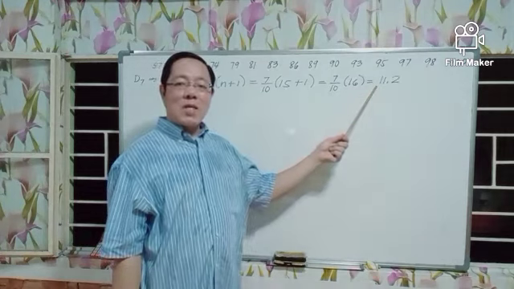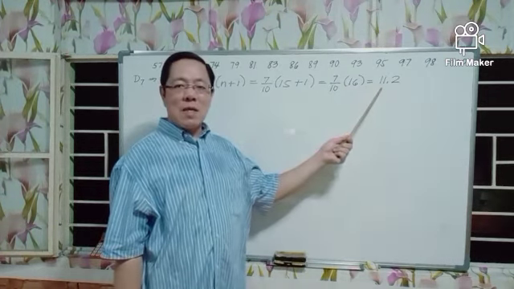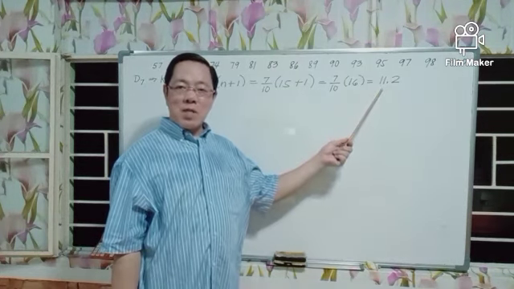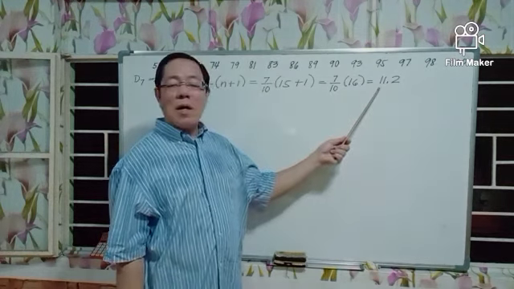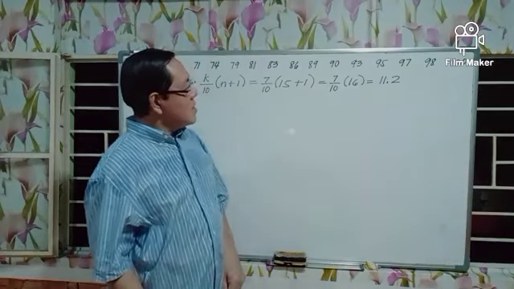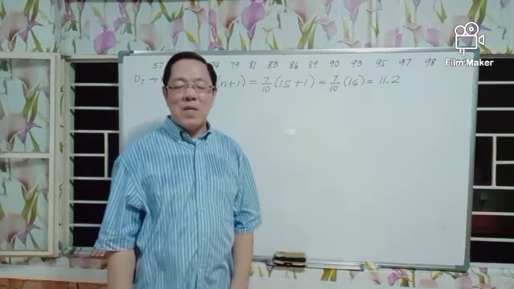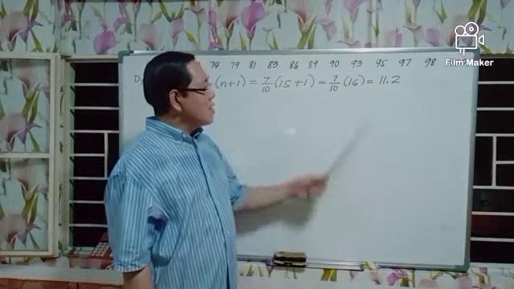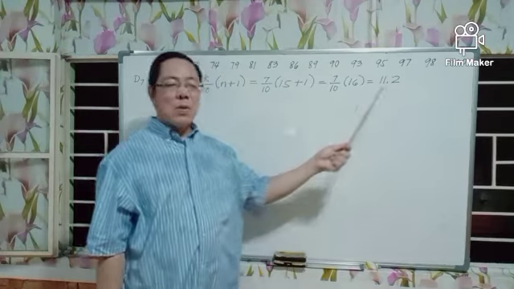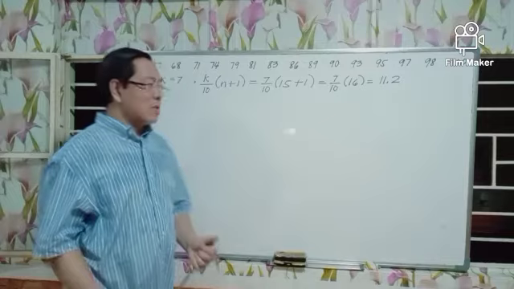The greatest integer that is less than 11.2 is 11, and the smallest whole number that is greater than 11.2 is 12. And we say that the value of the 7th decile, d sub 7, is between the 11th value and the 12th value in this ascending order of values.